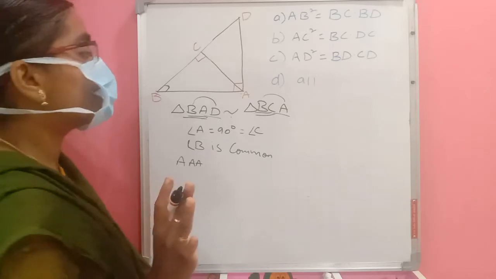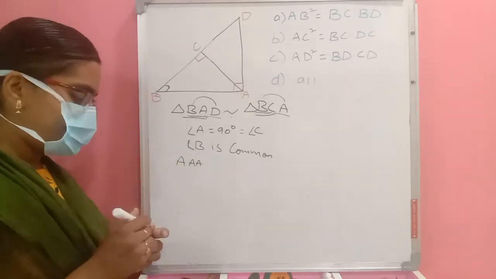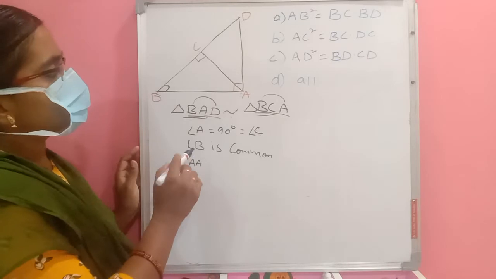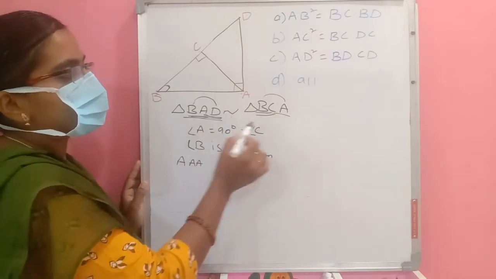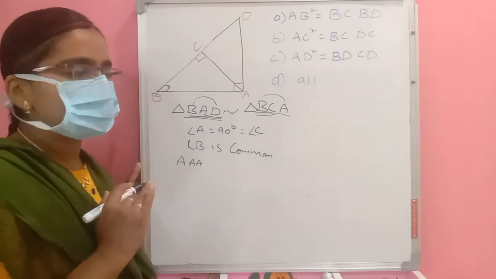First we have to know the corresponding sides clearly, then only we can do the problem. So if you write the similarity clearly, then you can know the corresponding sides.